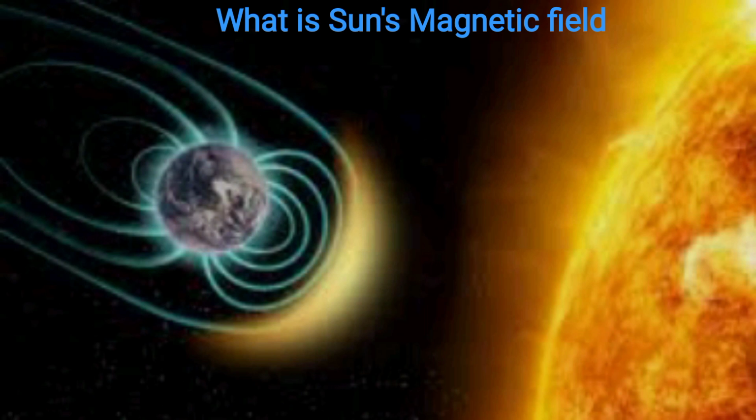The magnetic field of the Sun actually extends far out into space beyond the farthest planet. This extension of the Sun's magnetic field is called the interplanetary magnetic field.